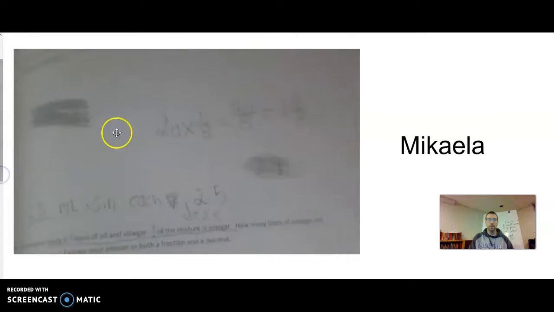There we go. Here is Mikayla's work. And it was very simply knowing that this is a multiplication problem. I infer that she knew it was multiplying because of the word "of." And there's that hint word in the word problem.